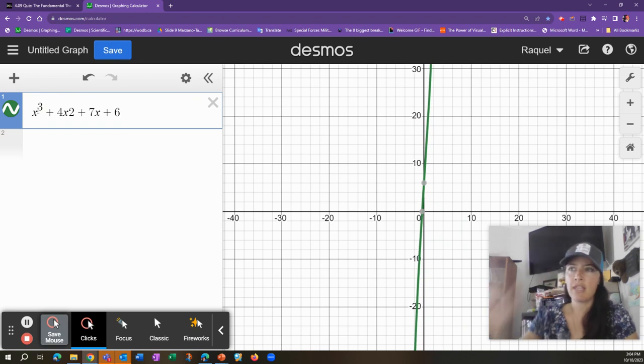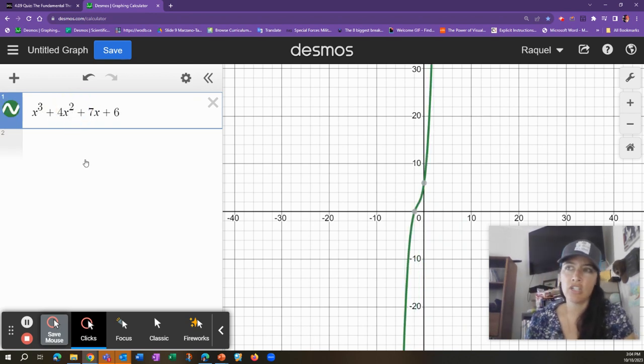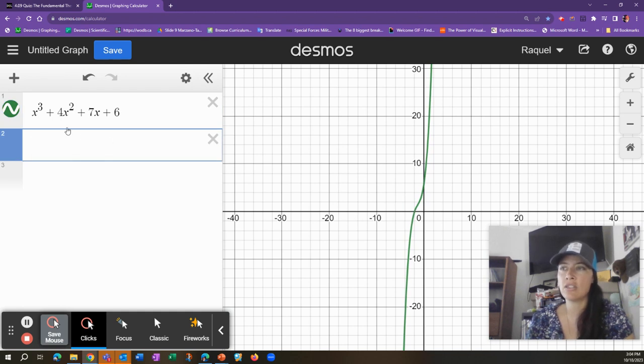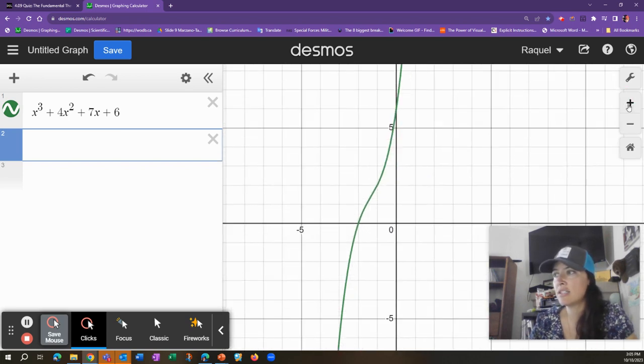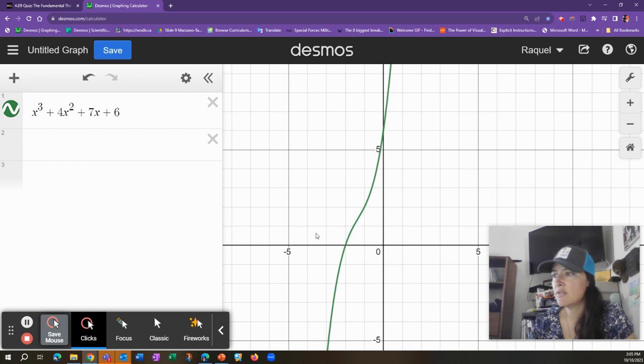Shift 6, make it an exponent because we need it to be exactly the right form. X cubed plus 4x squared plus 7x plus 6. They need to match. Practice typing it out. It's an important skill, especially since the technology is not going away. Okay, I'm zooming in.